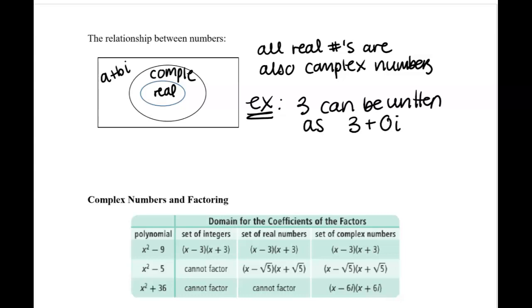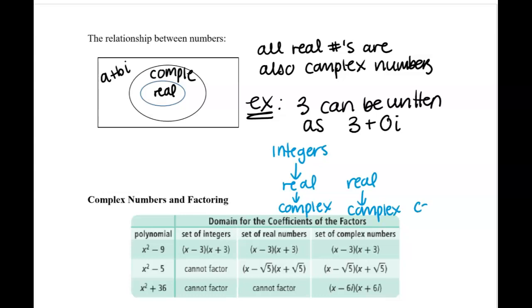So if we make kind of a little chart, if you have integers, they're also real, and they're also complex. If you have real numbers, they're also complex. But if you have complex numbers, they're not everything else, okay? And so I'll show you what I mean.